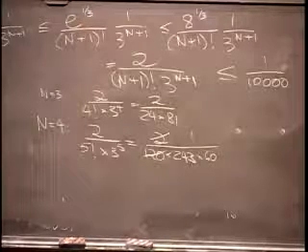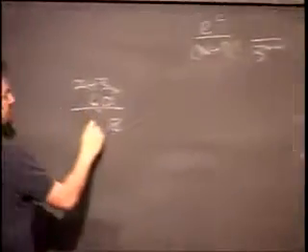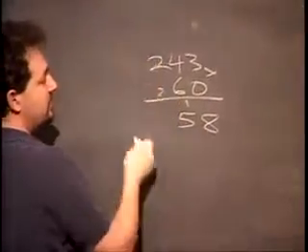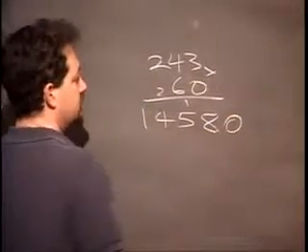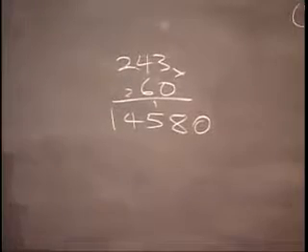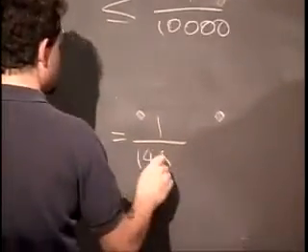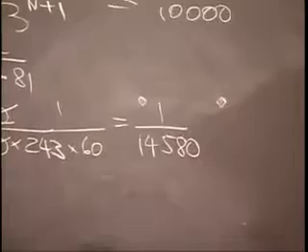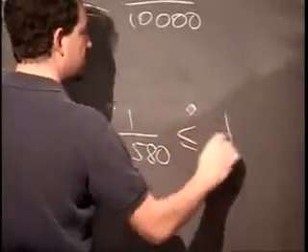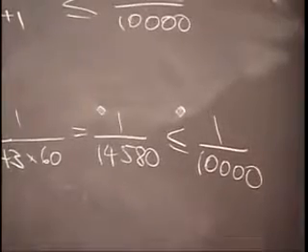Well, let's just work it out. I don't have a calculator, so we don't even need to be so precise, but I just want to get an idea. So it's 14,580. I think that's right. So, is that good enough? Yes, that is less than or equal to 1 over 10,000. So n equals 4 will do.